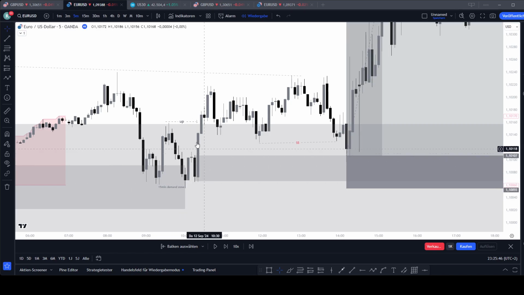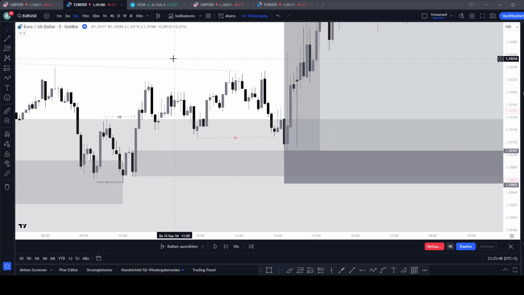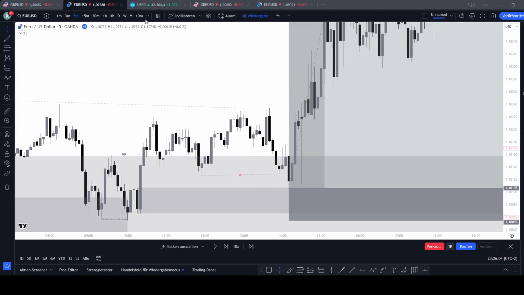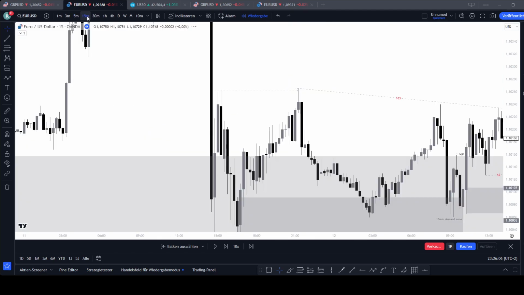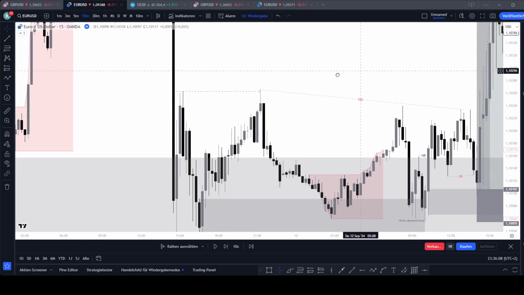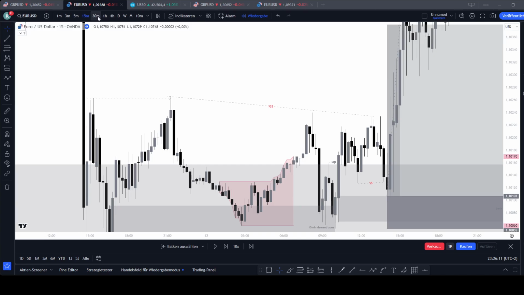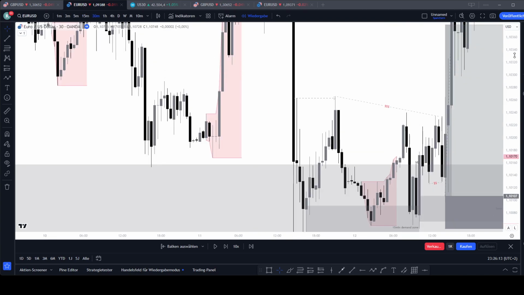So if a new demand zone was formed and left without being mitigated, we had to wait for price to consolidate and give us a liquidity area, which has to be taken out, and then price has to take out the liquidity and come into our demand zone and start moving up.